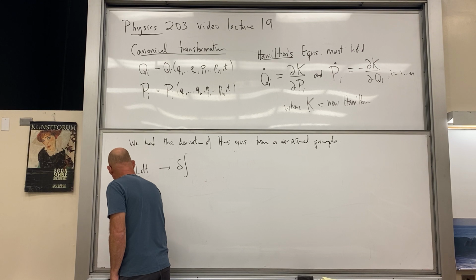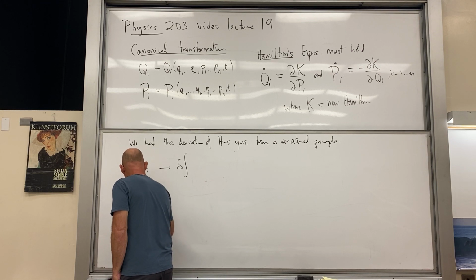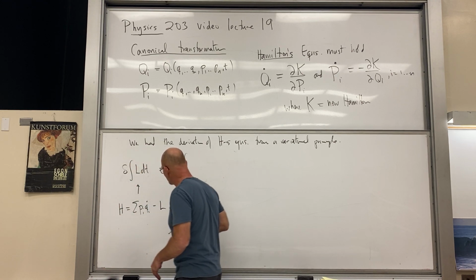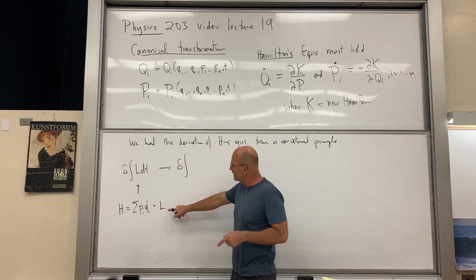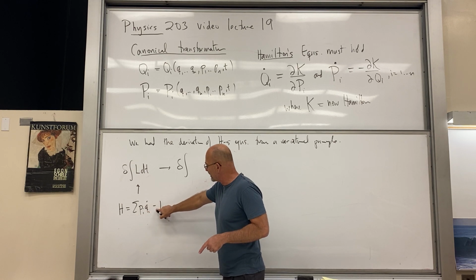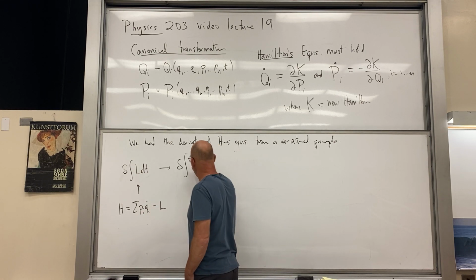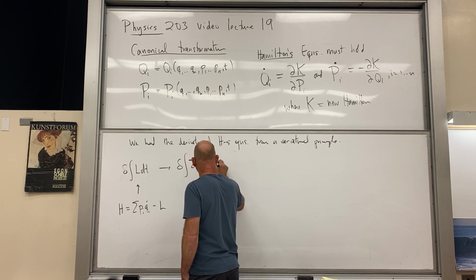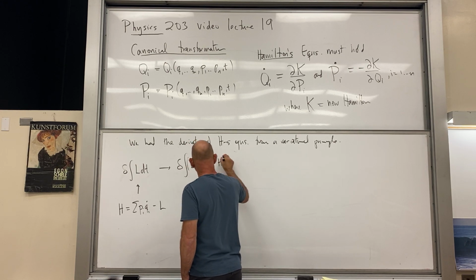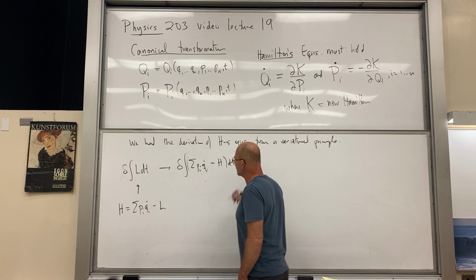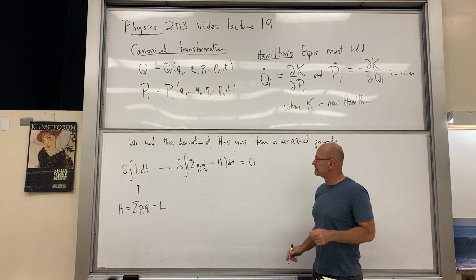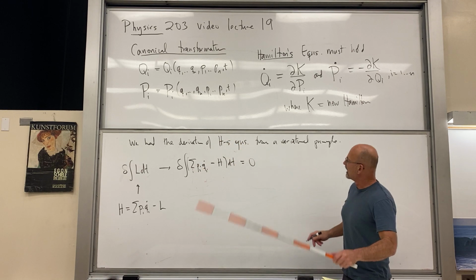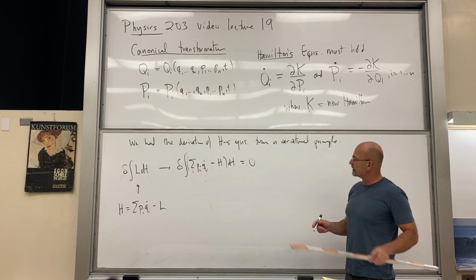We had H was sum of Pi Qi dot minus L. So we substituted L by using L is sum of Pi Qi dot minus H, so the variation of the integral of sum Pi Qi dot minus H dt equals 0, leaving off the details. Okay. So that's how we got Hamilton's equations from a variational principle.